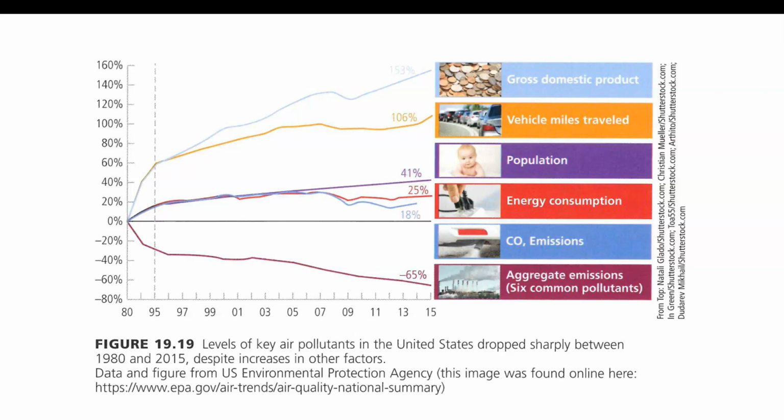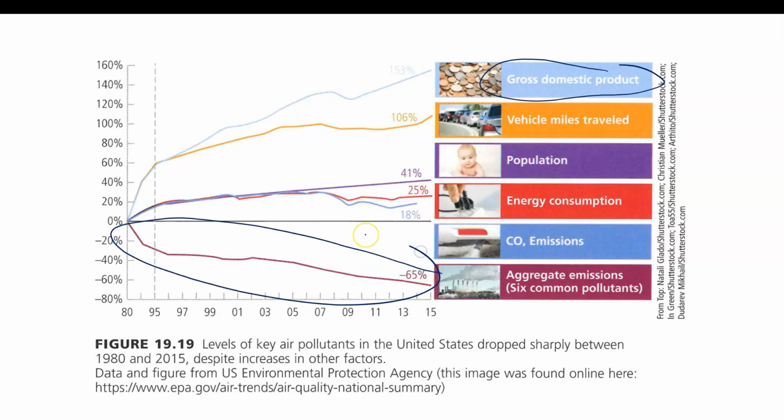So even though we've seen an increase in gross domestic product, which is associated with the increased production of energy, more people driving, increased pollution, more cars on the road, etc. Despite all those increases, there's been an almost nearly 70% decrease in the emission and the presence of those gases in our atmosphere. So Clean Air Act has been highly effective.